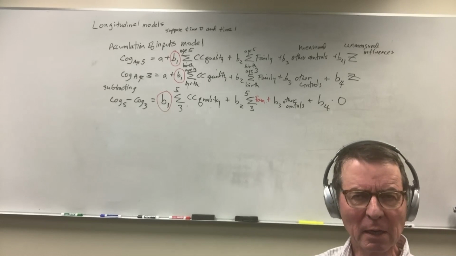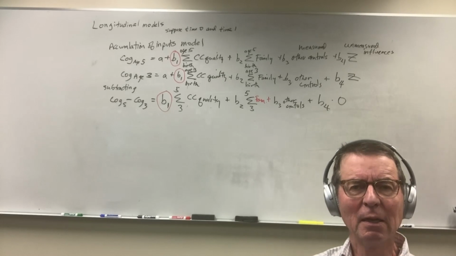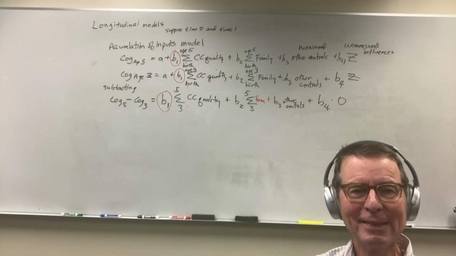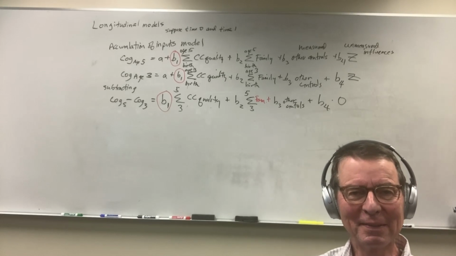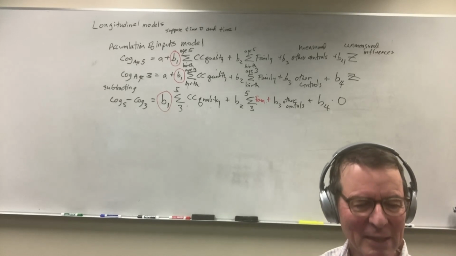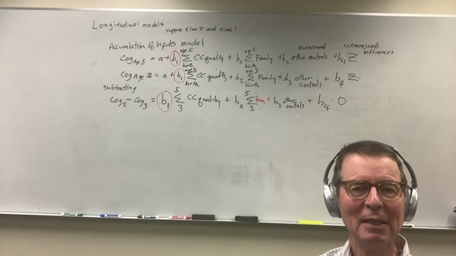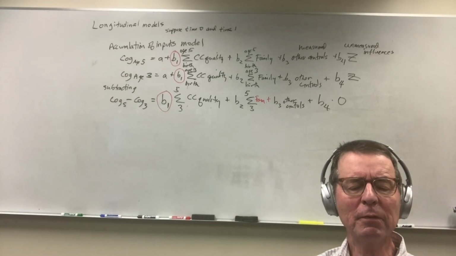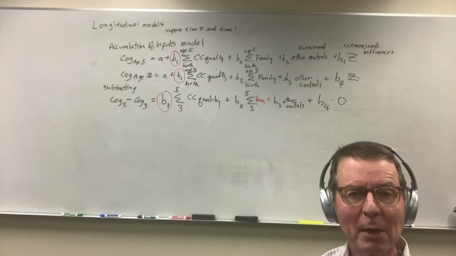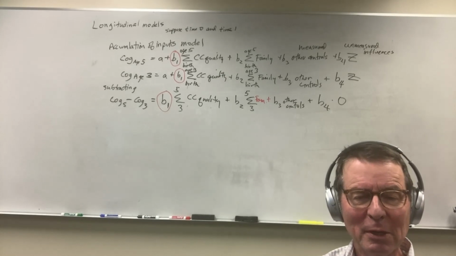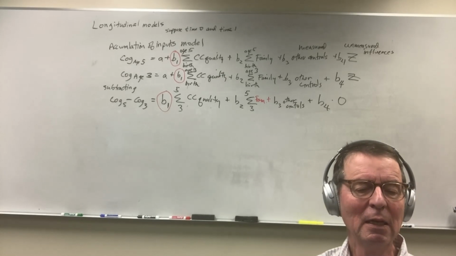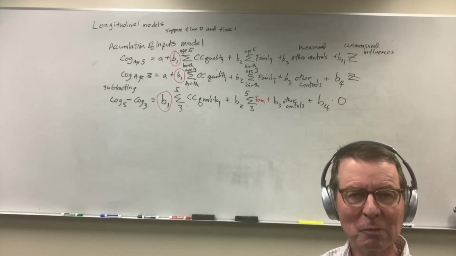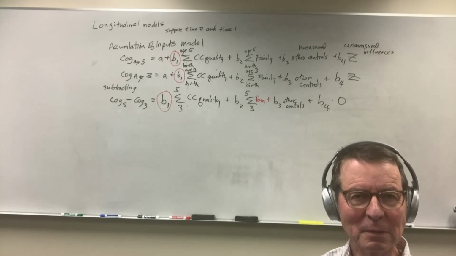The accumulation of inputs model is a theoretical model that is a causal model, right? At a conceptual level, you're proposing that childcare quality causes cognitive test scores. If you could come up with experimental data, where kids were randomly assigned to different qualities, then you'd have a pretty strong basis for inferring causation.